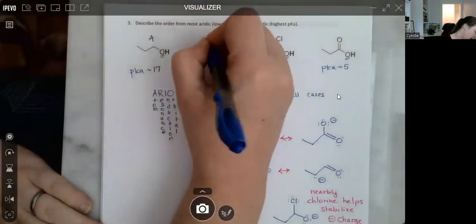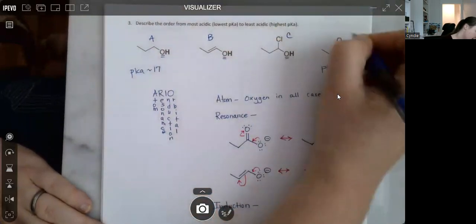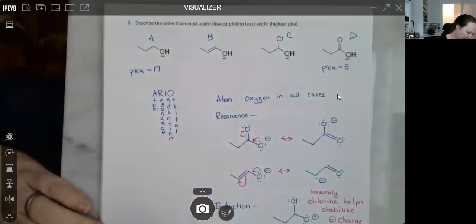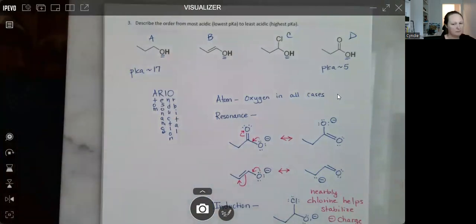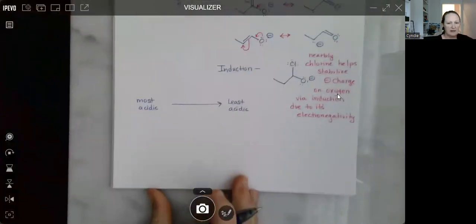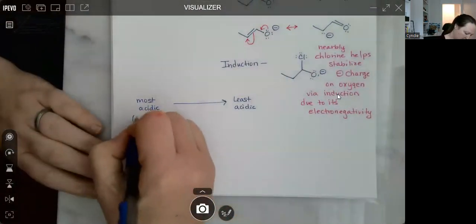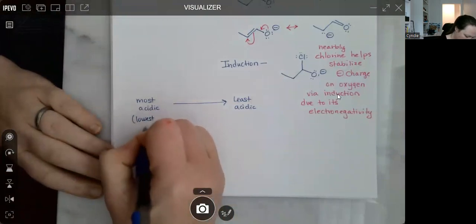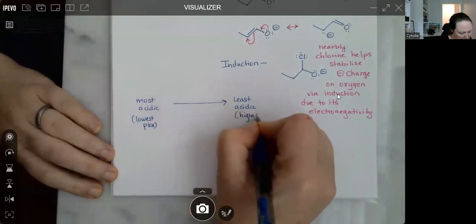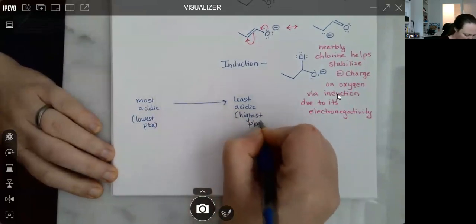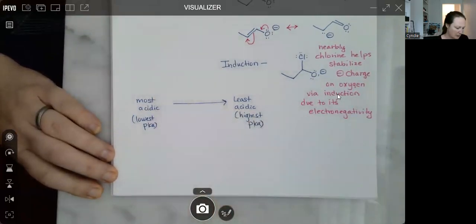So if I called this A, B, C, and D, and I came down here and wrote most acidic to least acidic, and I realize you can't see what I'm writing, that's okay, or lowest pKa to highest pKa, we want to start putting these in order.